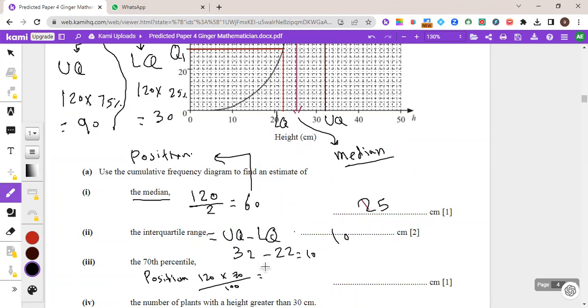So the position is 84. Whatever the percentile, 50 percentile or 30 percentile, you need to find the position by multiplying by the percent.